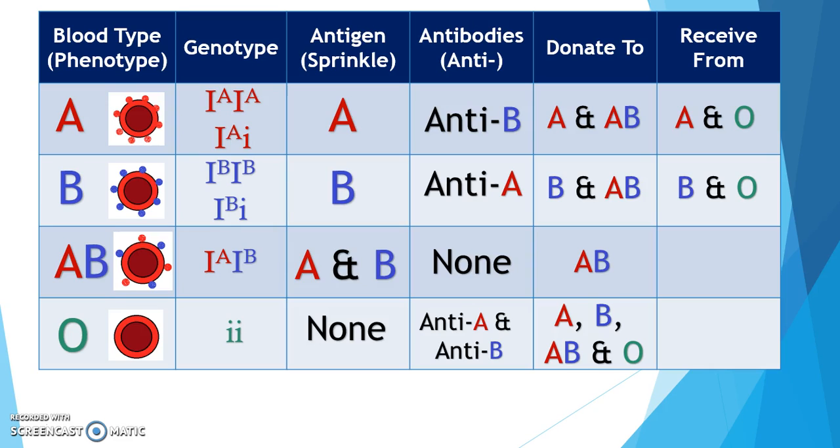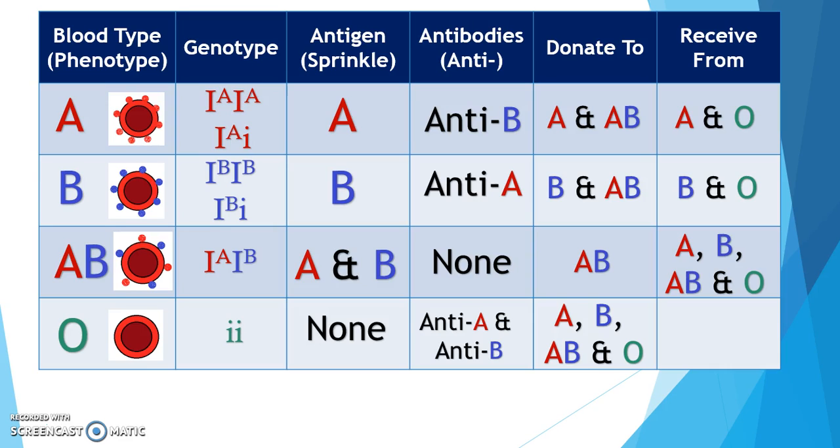A person who is AB can actually receive from everyone because they have both antigens, no antibodies, so it does not matter the blood type, they are safely able to receive a transfusion from them.